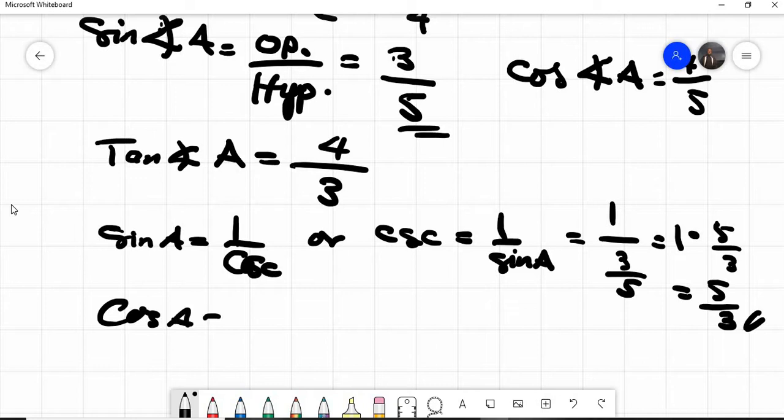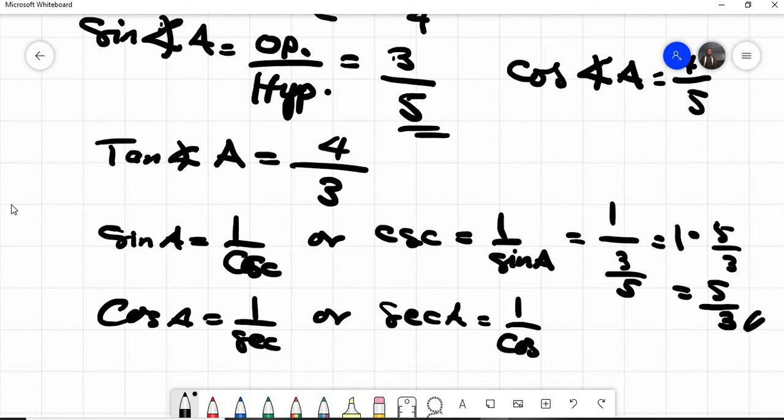Cos A is 1 over sec A, or sec A equals 1 over cos A. Cos is 4 over 5, so sec is 1 over 4 over 5, which equals 1 times 5 over 4, which is 5 over 4.